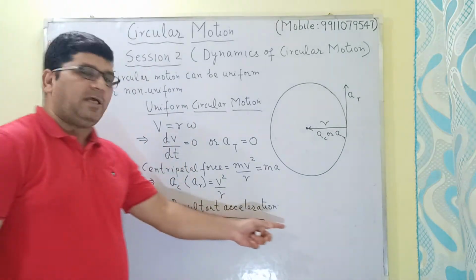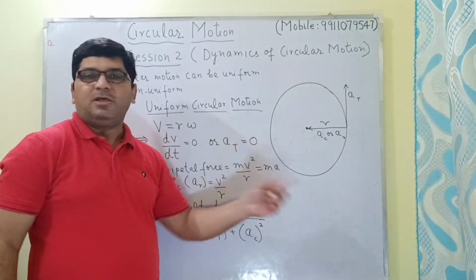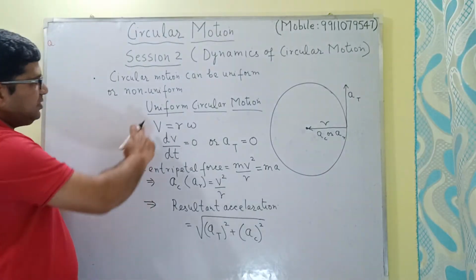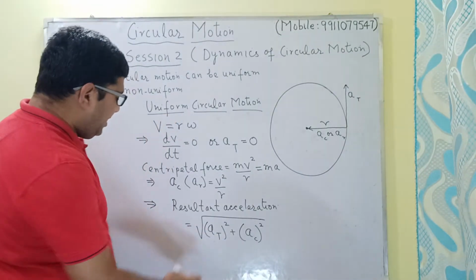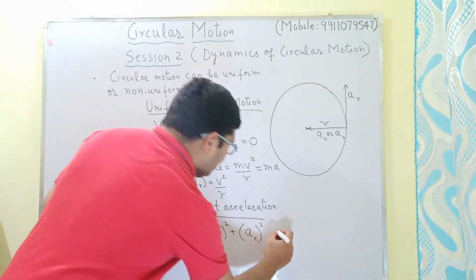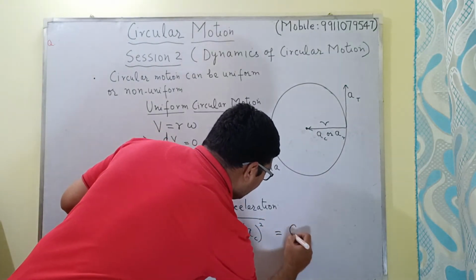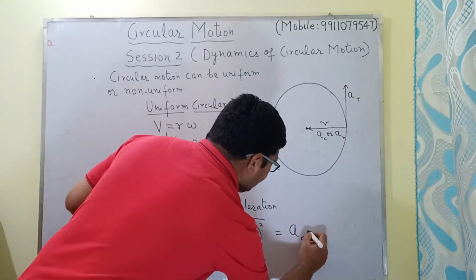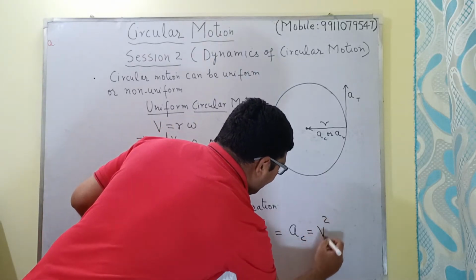This is the resultant acceleration in the case of a circular motion. Now in the case of a uniform circular motion, this tangential acceleration is 0. So the resultant acceleration will be equal to AC, and this is equal to v square upon r.